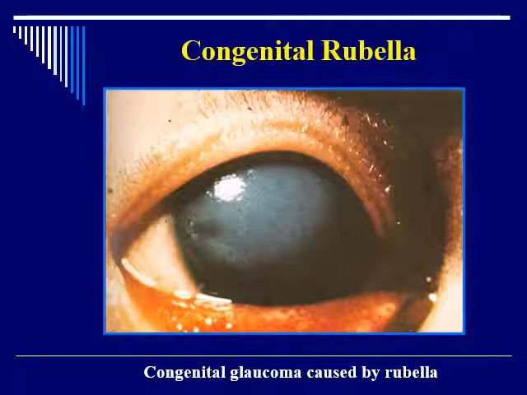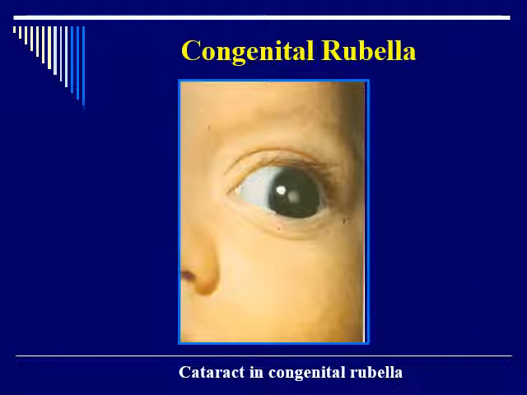Another complication of congenital rubella is congenital glaucoma or buphthalmos. This is a picture of cataract in a child with congenital rubella syndrome.